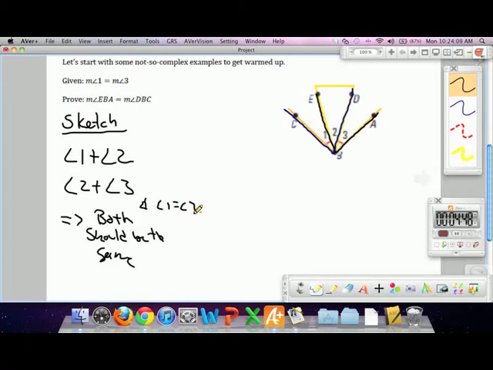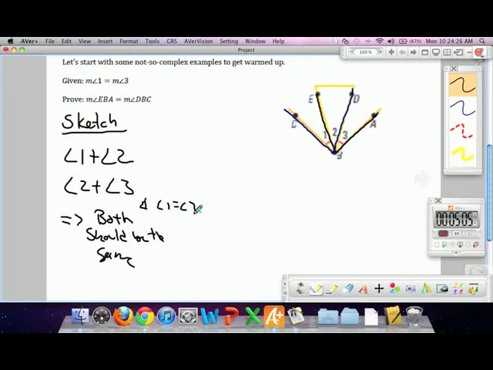We could create an expression for one of our bigger angles by saying 1 plus 2 is DBC. You could create an expression for angle EBA by saying that should be angle 2 plus angle 3.